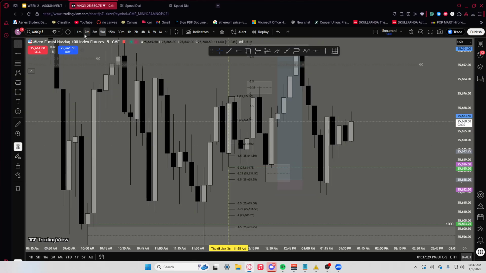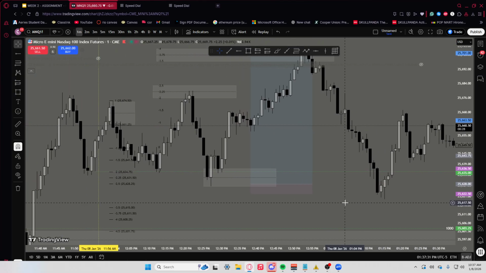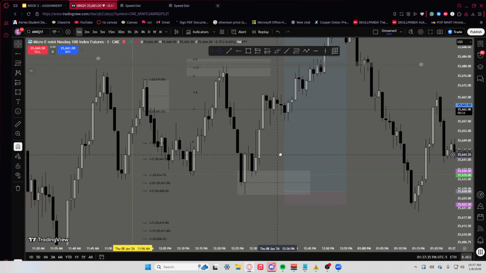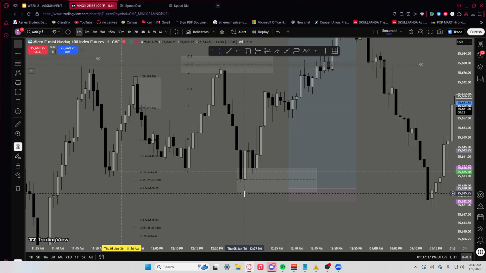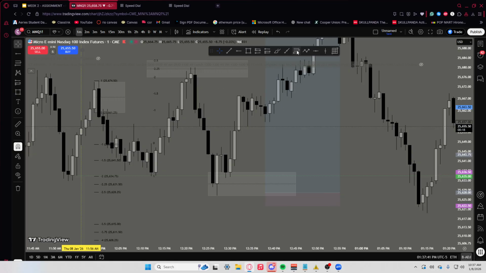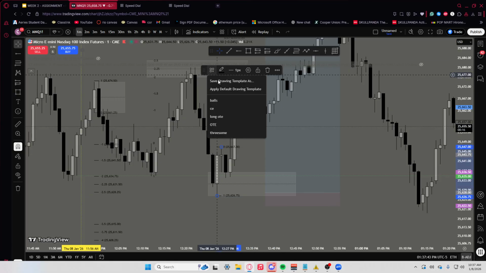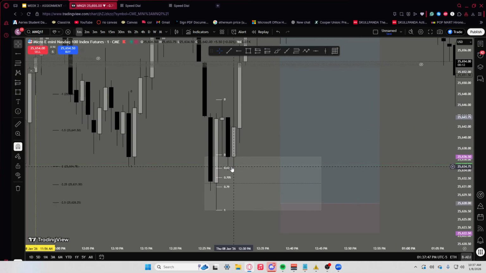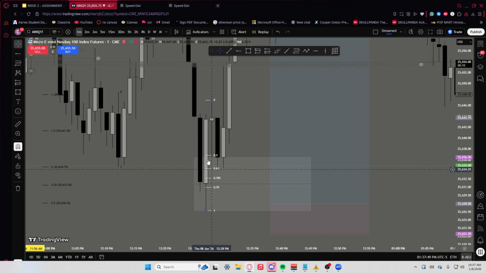So maybe 1 minute. Is there anything in here? Not really. But however, after it rejected, we swung up and then we went back down. So maybe this would have been an OTE entry. We went up, and when we're around here, you can draw this fib.